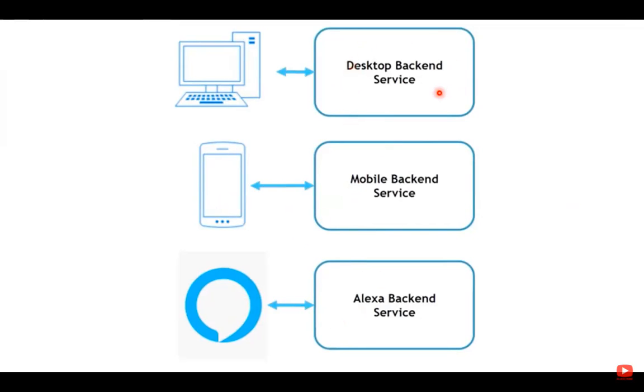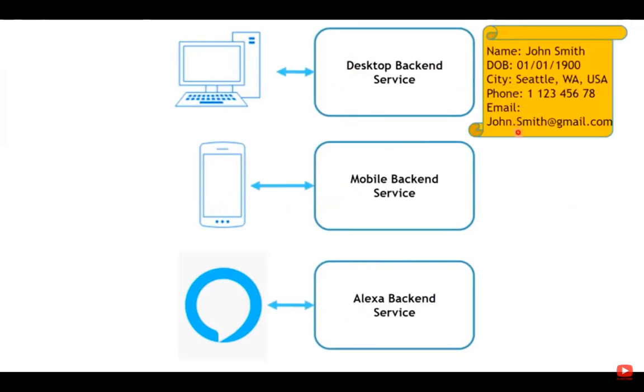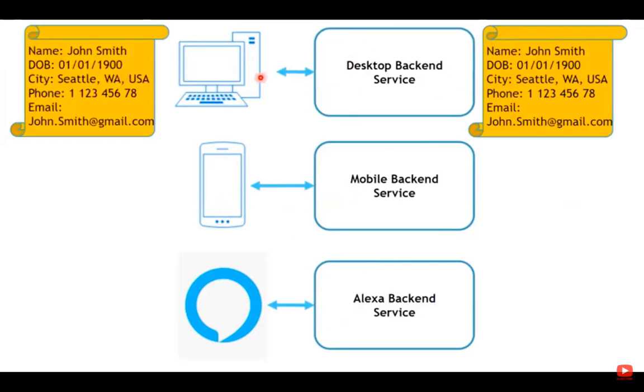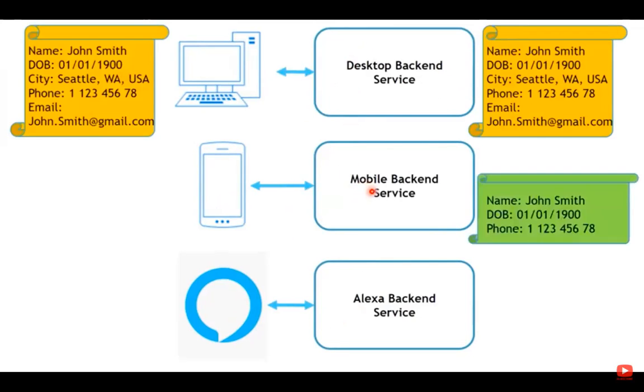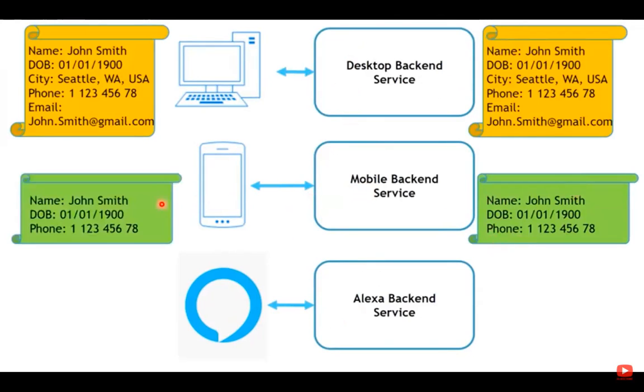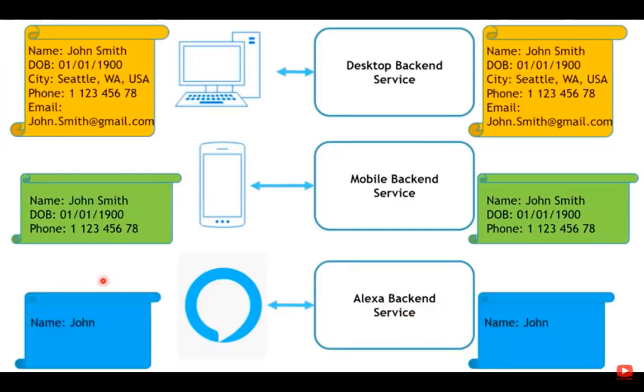Now, the desktop backend service is going to return the full profile details that's exactly required to be displayed on the desktop front end of our solution, while the mobile backend service is going to return the amount of information that's exactly required to be displayed by the mobile front end, while the Alexa backend service is going to return just the first name that's required to use in the Alexa skill front end of the solution.